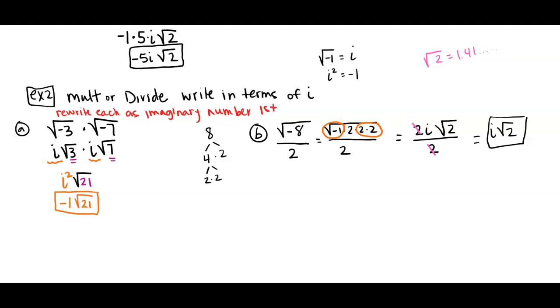So on here, if we don't have to have these i's in here, we want to simplify those more, so that's why we change that to a -1. But here we don't want to take that back to a square root of -1, because that's going to give us a negative back inside our square root. The whole thing we're trying to do here is simplify it so that there are no negatives inside the square root.